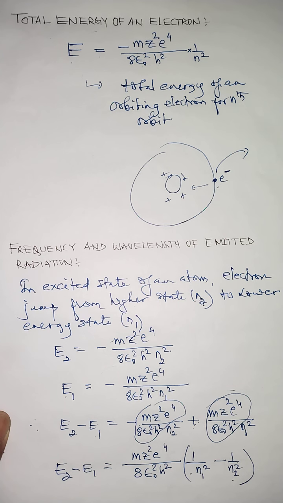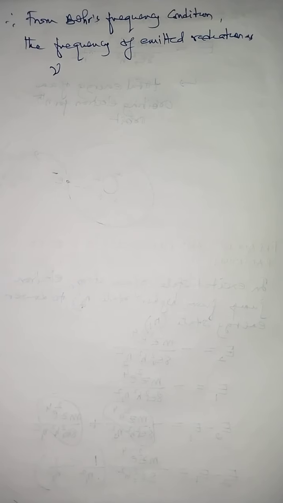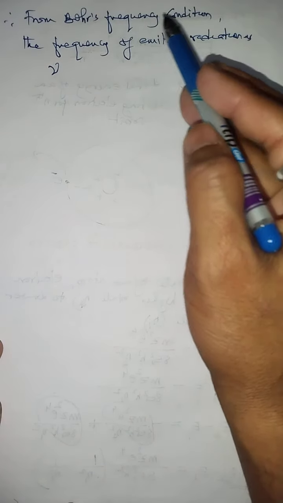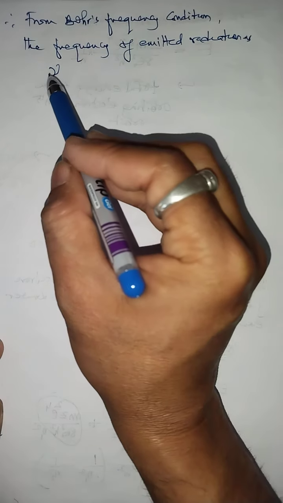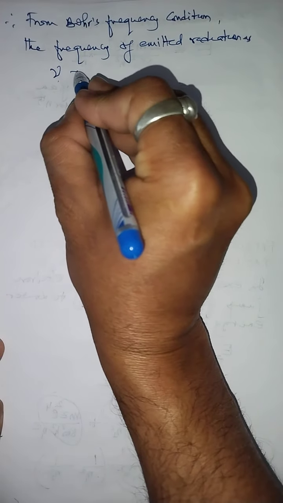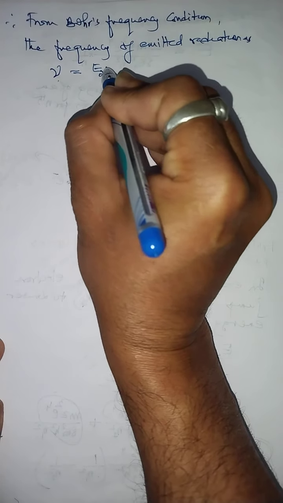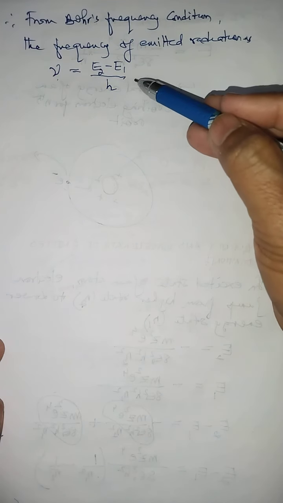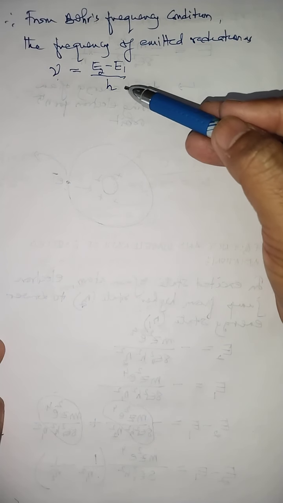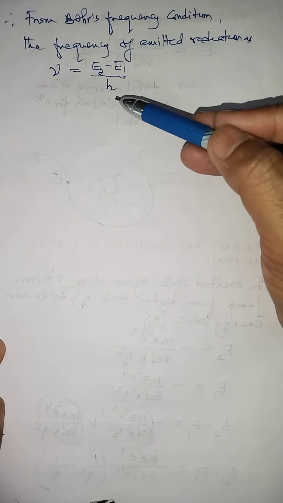According to Bohr's frequency condition, the frequency of the emitted radiation, with the symbol nu, equals E2 minus E1 by h. So children, we have already done in detail about this particular postulate, Bohr's third postulate.